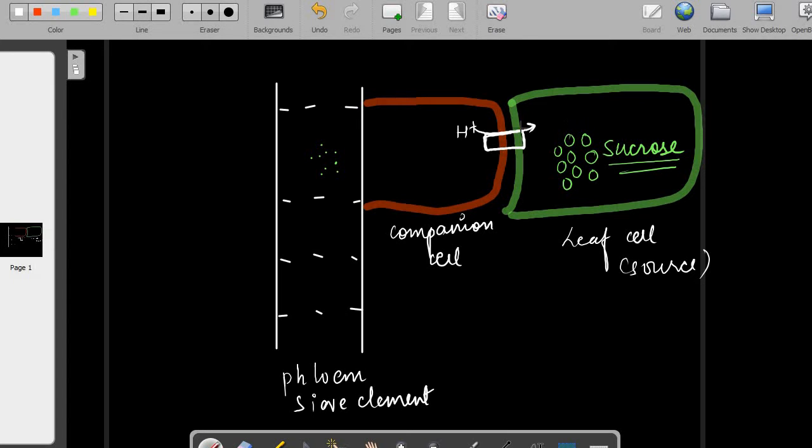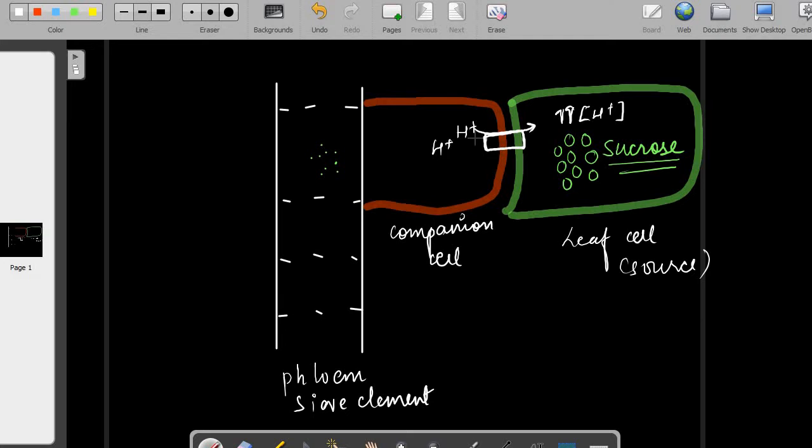Now as the H plus moves here, the concentration of H plus increases over here. So what will H plus do? It needs to go back to its original position. Of course, ions need to go down their concentration gradient.